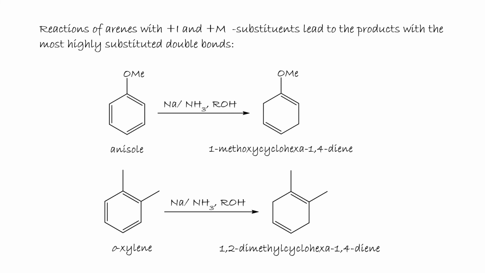Reactions of arenes with positive inductive effect or positive mesomeric effect substituents lead to the products with the most highly substituted double bond. So if we have anisole, sodium, liquid ammonia, in alcohol like ethanol, you get 1-methoxycyclohexa-1,4-diene.